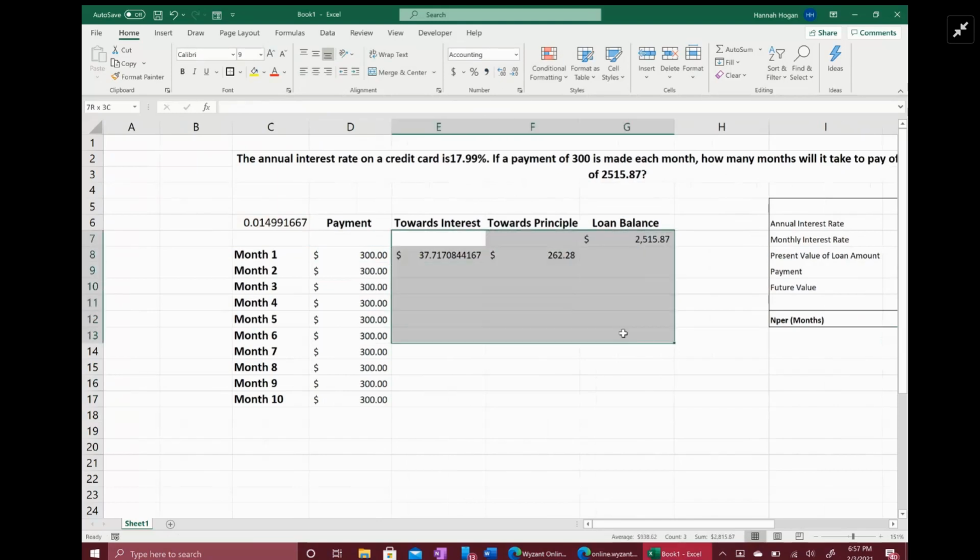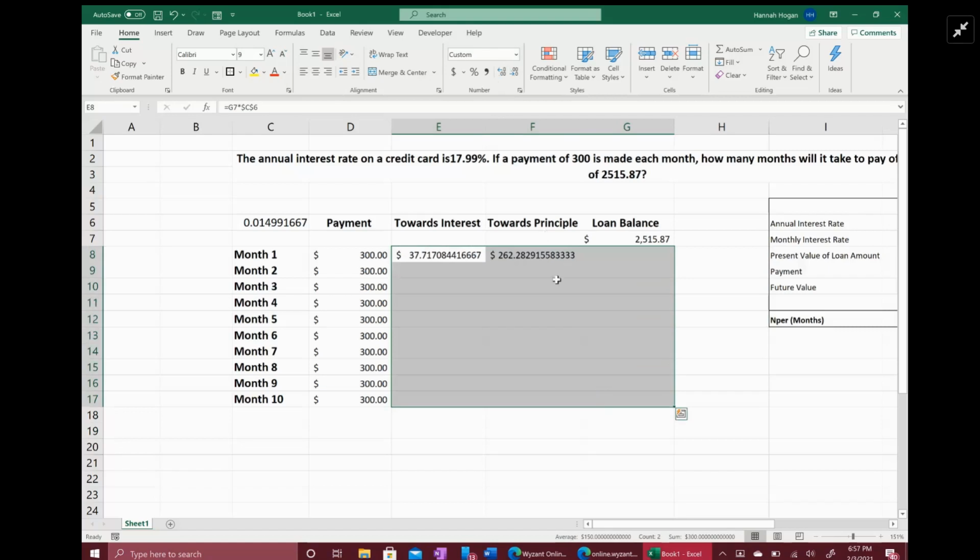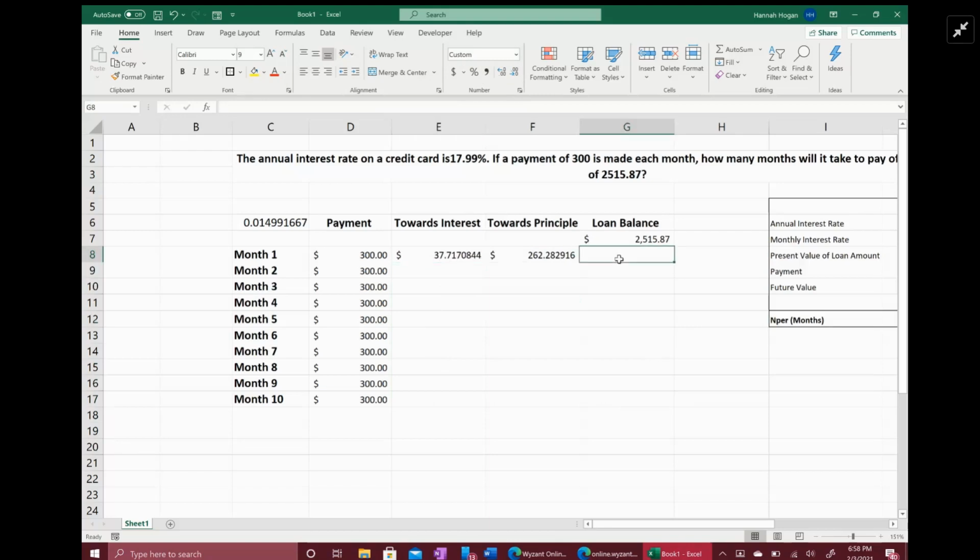Let me adjust the decimals here, otherwise it's going to keep doing this and drive me crazy because I know there are decimals. Okay, maybe that's too much. Okay. So your loan balance is going to decrease by the amount that went towards principal.